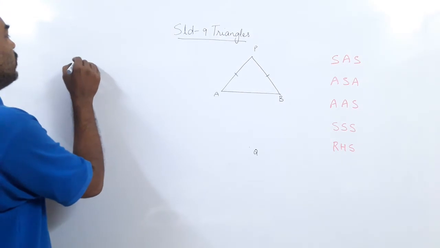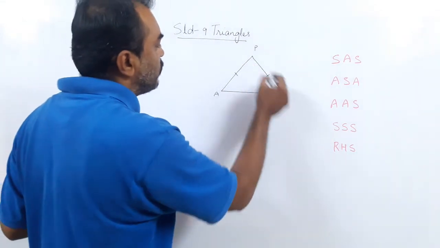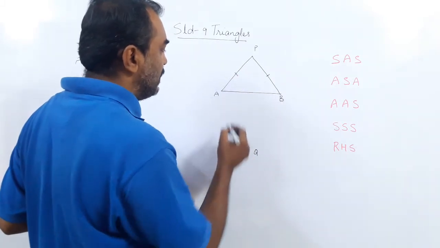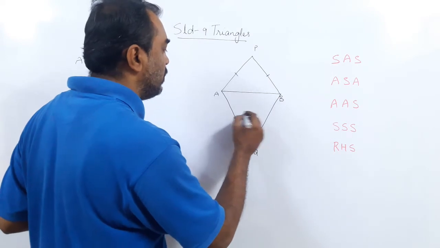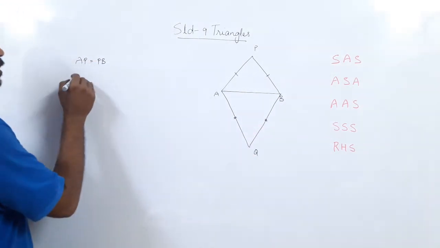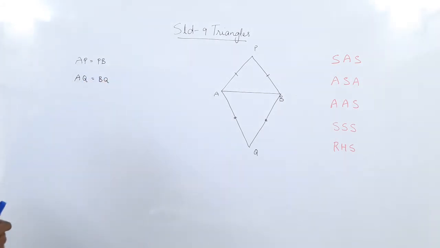So we have drawn AP equal to PB. P is such a point that the distance from AB is equal, means AP equal to PB. Same way, Q is also equidistant from AB, means AQ equal to BQ. So this is given to us.